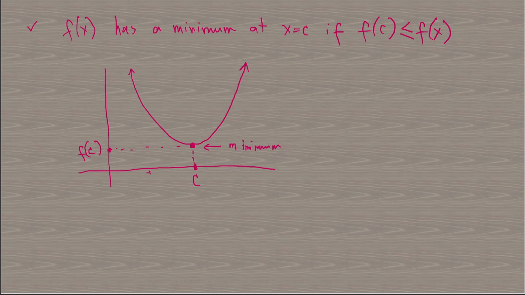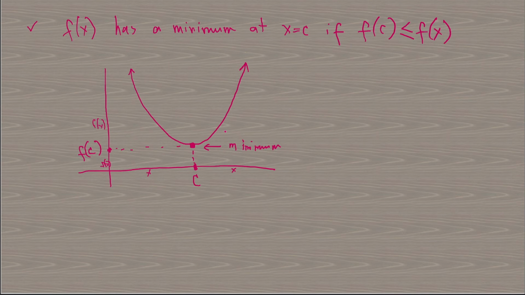All other values here are x, and all other values here are f of x. In the graph, this is the lowest portion of our function. Therefore, this is the minimum. Just remember, the lowest point in the graph of a function represents the minimum, but the highest point represents the maximum.